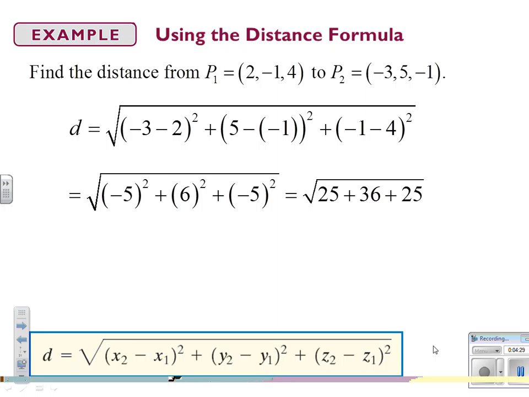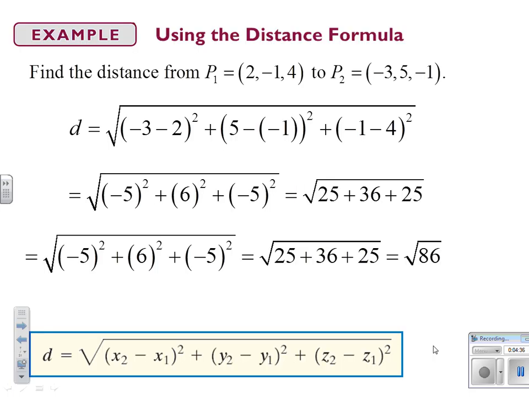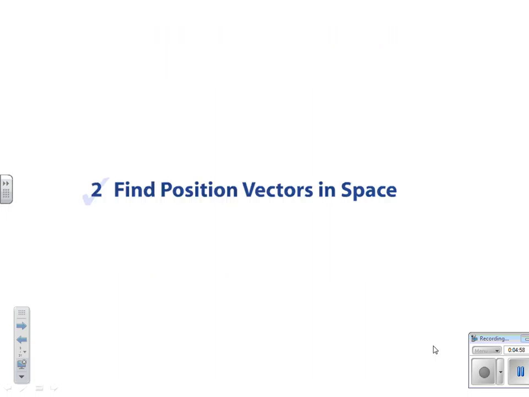And the square root of 86 does not simplify. So the distance between these 2 points is the square root of 86, which is close to 9.